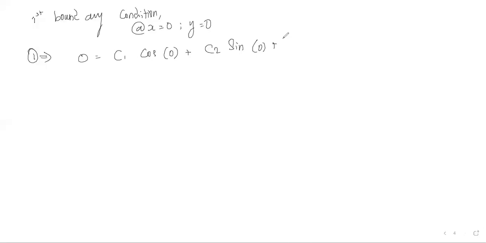We know that cos 0 is equal to 1 and sin 0 is equal to 0.